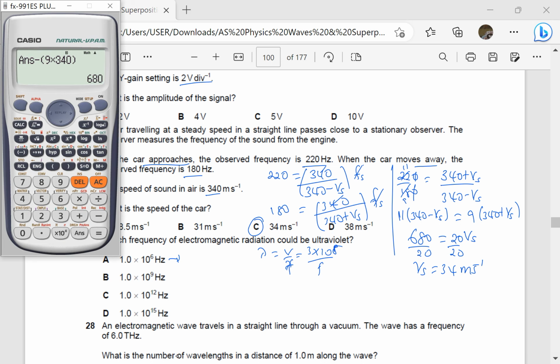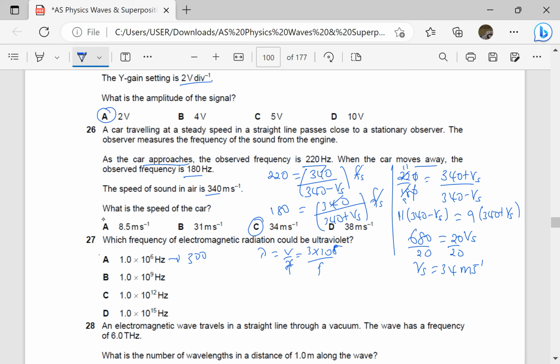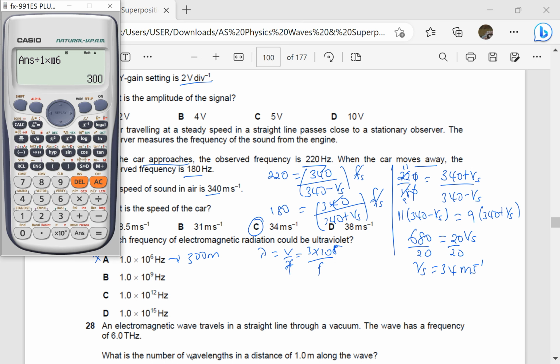So the first one is 3 exponent 8 divided by 1 exponent 6. So that is 300. That can't be ultraviolet. This is 300 meters. Then the second one, 3 exponent 8 divided by 1 exponent 9.